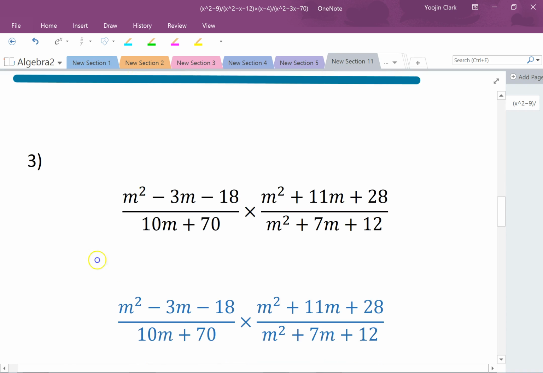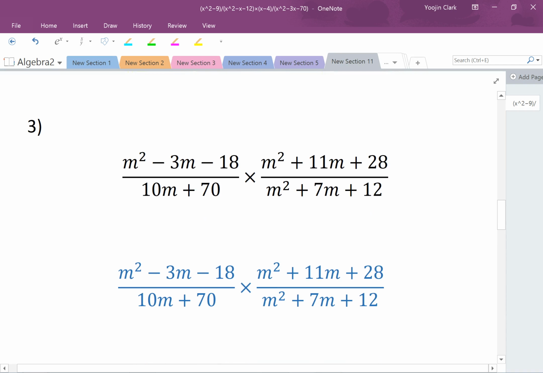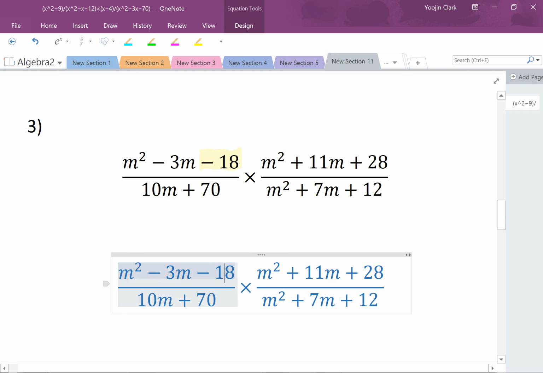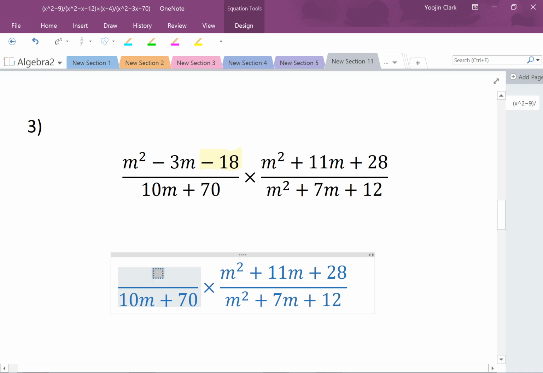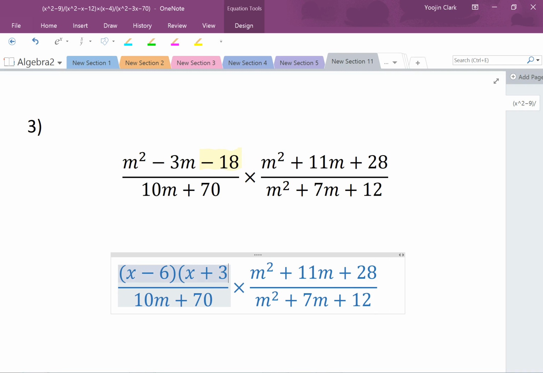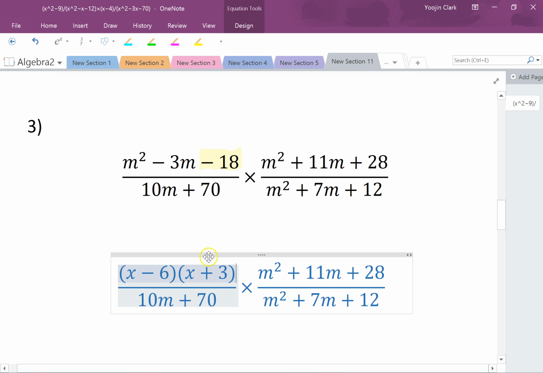Let's just keep working on these. How about this one? Well, 2 factors of 18 whose difference is 3. It's another 6 and 3. That looks good.